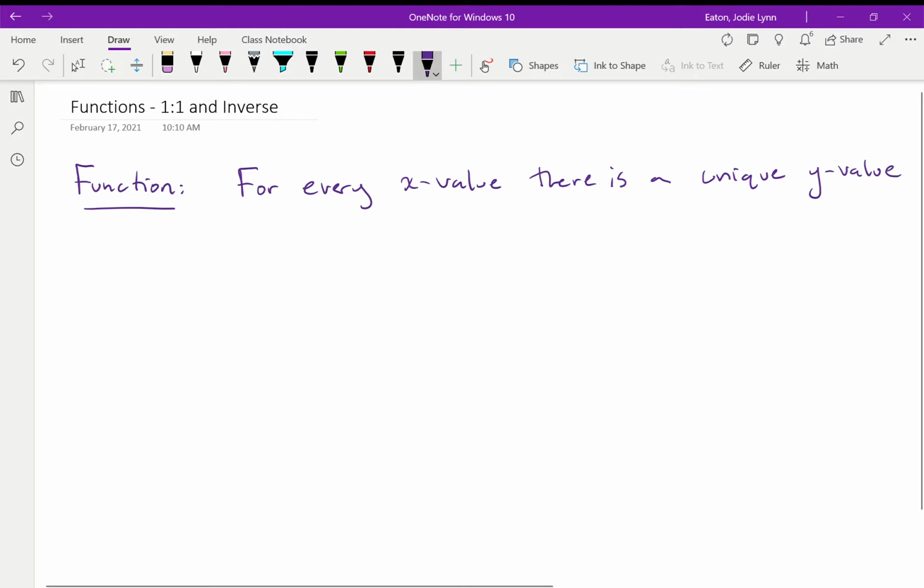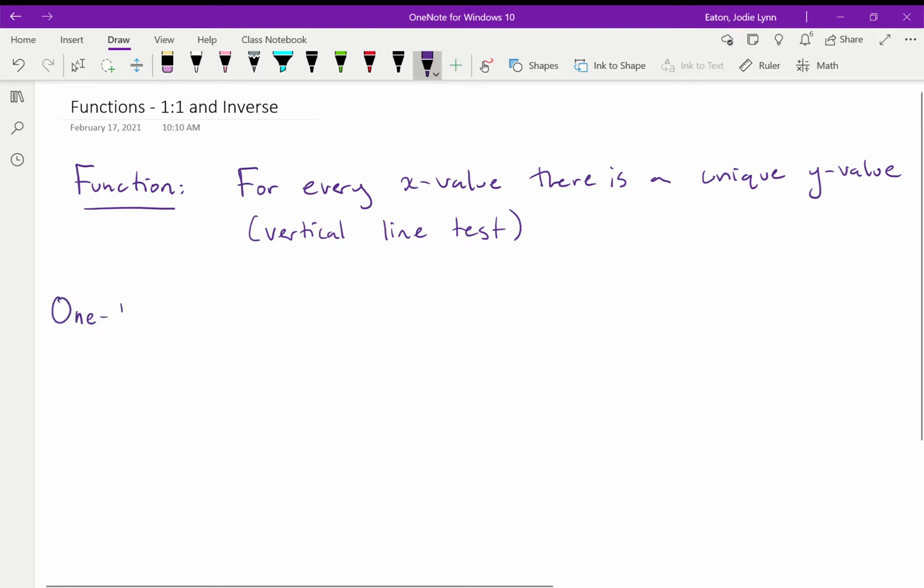Which means that any function must pass the vertical line test. So for each x value, every input, there has to be a unique output. You can't have two different outputs for the same input.